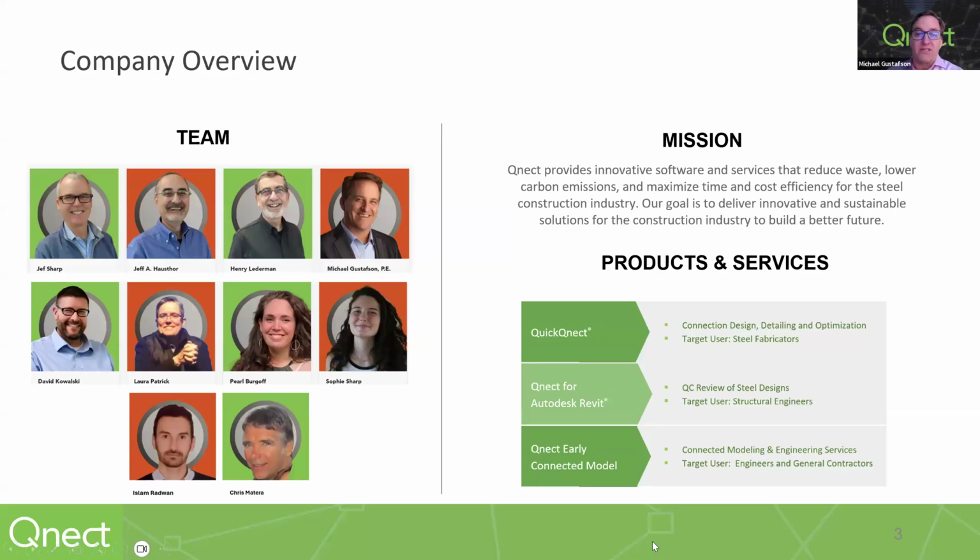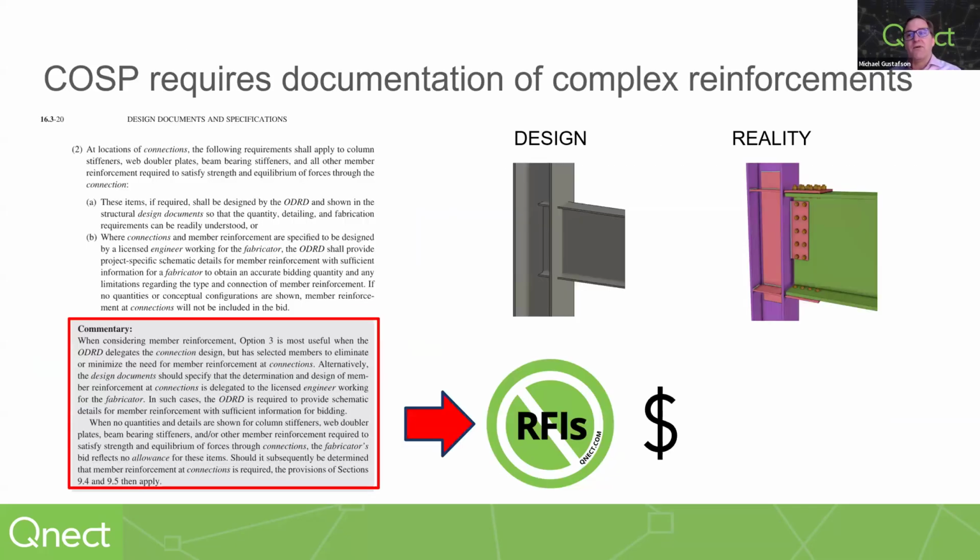The products we develop and sell are built on Tekla, and now on Revit as well, and that's what we'll be talking about today. We also have services for structural engineers and general contractors for delivering connected steel models. But today we're going to be talking about our Revit offering that was just launched at Autodesk University last month.